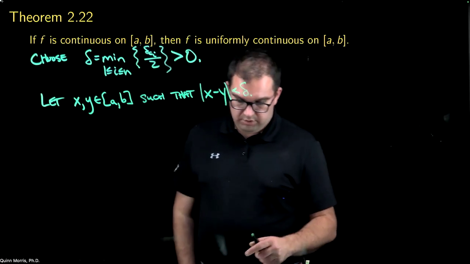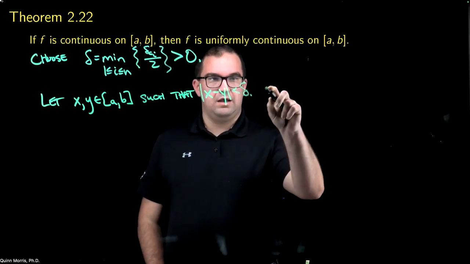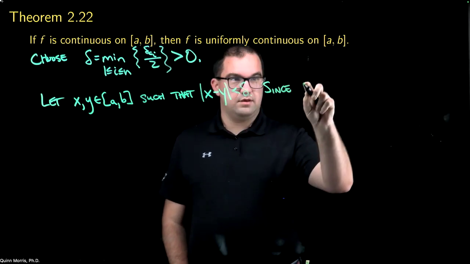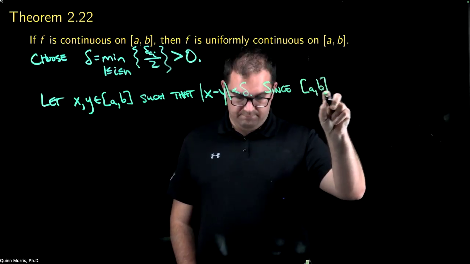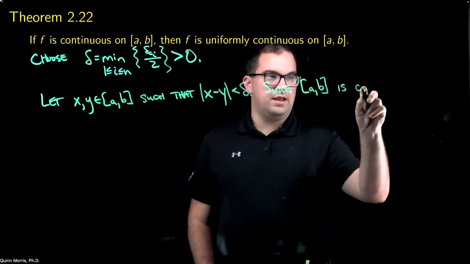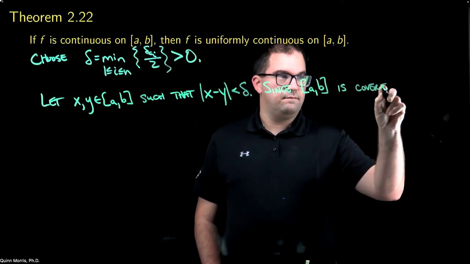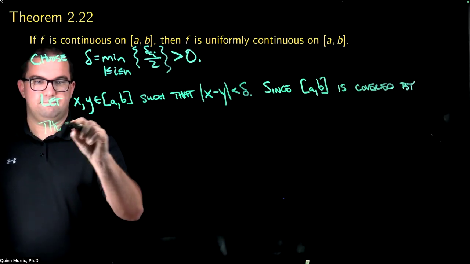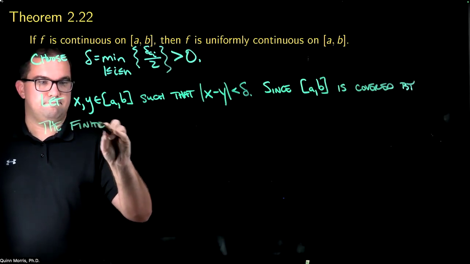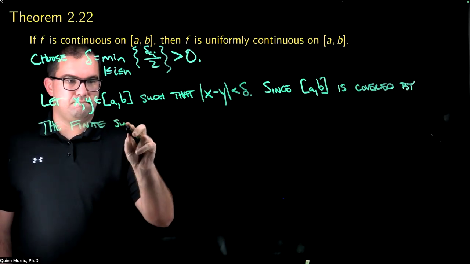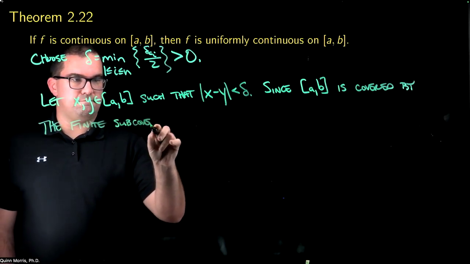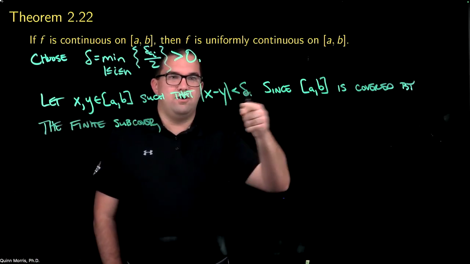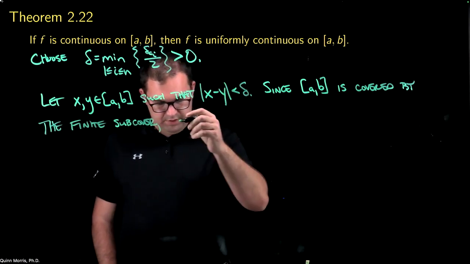To see that, since the closed interval AB is covered by the finite subcover, well, then my x value has to lie in one of those intervals, right?